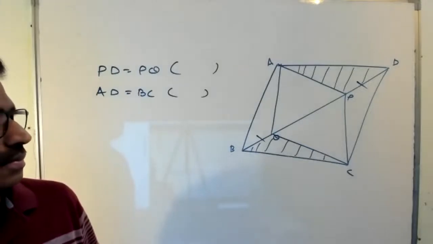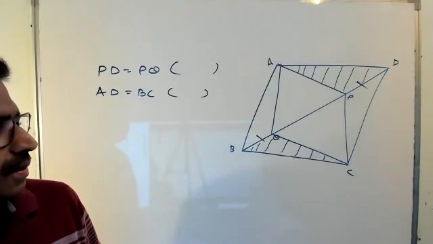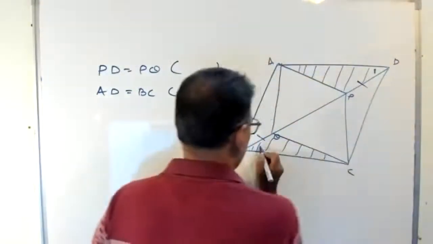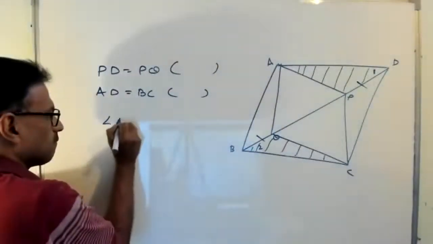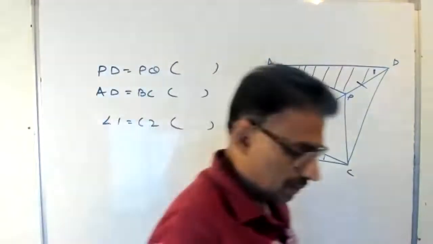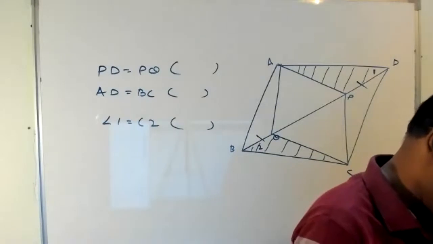Angle CBQ and ADP are equal because of the interior angles. Angle 1 equal to angle 2, alternate angles, right? Yes, sir.